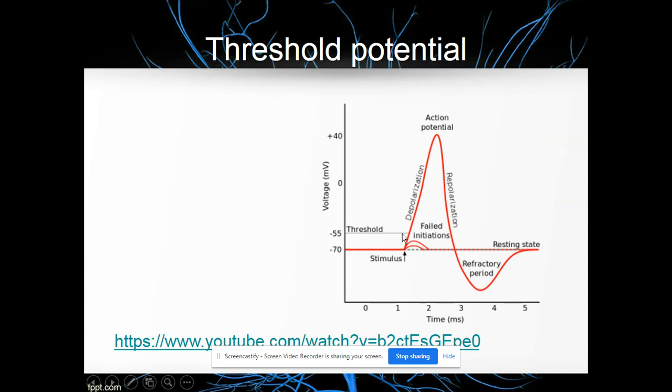You need to know all those pieces. So again, we have resting potential, depolarization as sodium is getting into the cell, repolarization as the potassium ions are going out, and that refractory period as the pump is trying to put things right back into place.